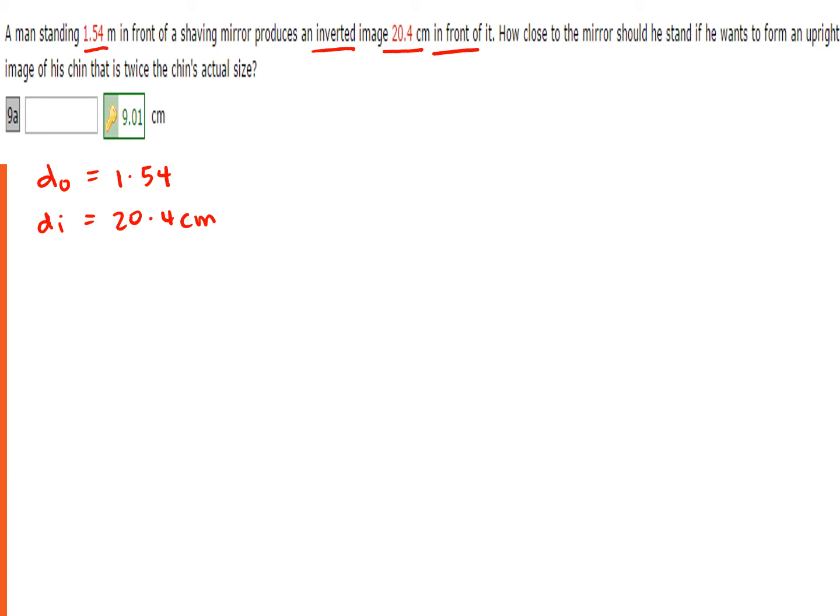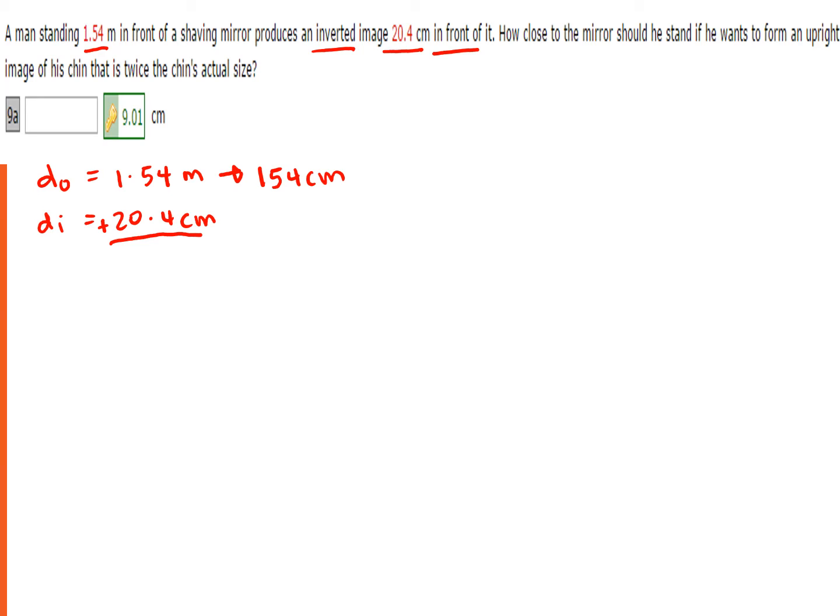So our DO is 1.54 meters. We could convert the meters into centimeters, so that would be 154 centimeters. Our DI here, by the way, is positive since it is a real image, and a real image is formed on the side where the object is. So this DI here is positive.